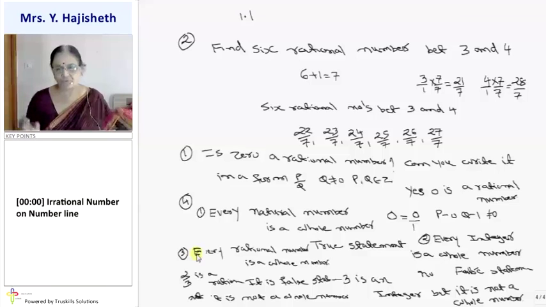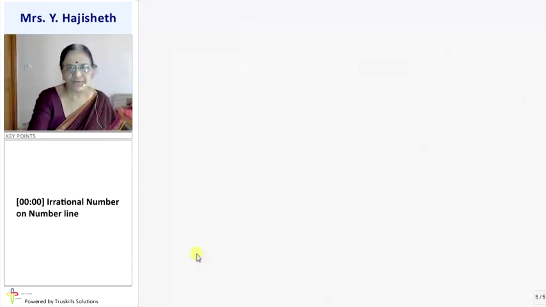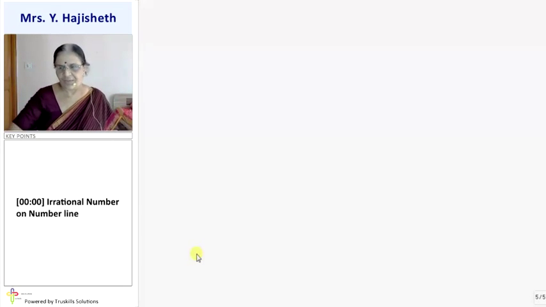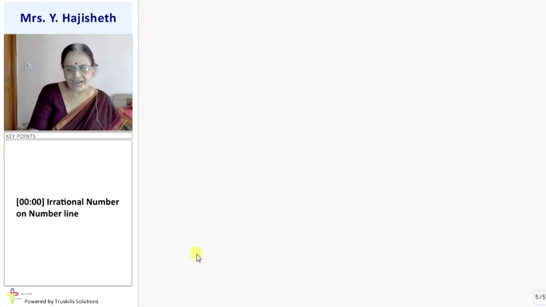Now I will show you how to represent irrational number on a number line. Again we revise irrational number, okay? How do I define irrational number?